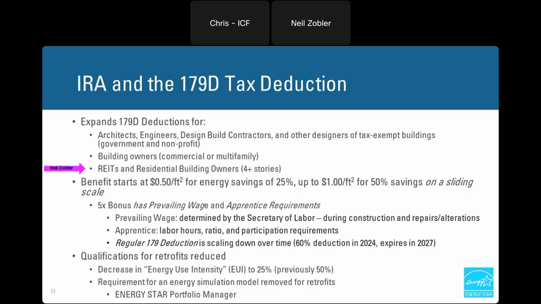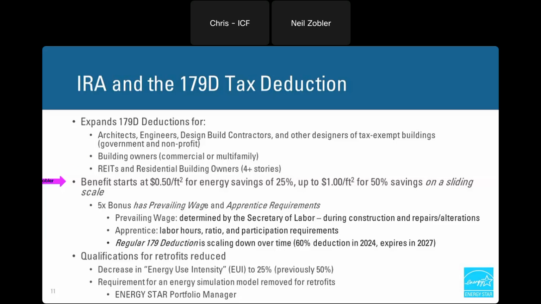Of course, REITs and residential building owners as well will benefit. The benefits start at 50 cents per square foot for energy savings of 25% up to $1 per square foot for energy savings of 50% on a sliding scale. So if your energy savings don't hit 50%, you will get a portion of that 5X bonus.